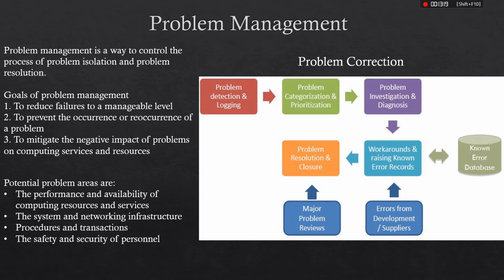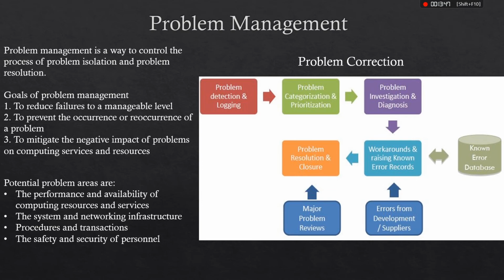So first, a problem pops up. So the problem is detected and it is logged to keep track of it. And then the problem is categorized, be it a hardware problem, a software problem, or a human resource problem, a conflict between two employees perhaps.